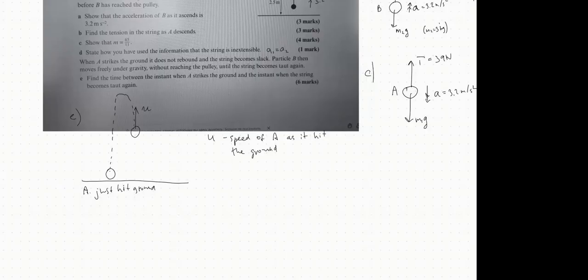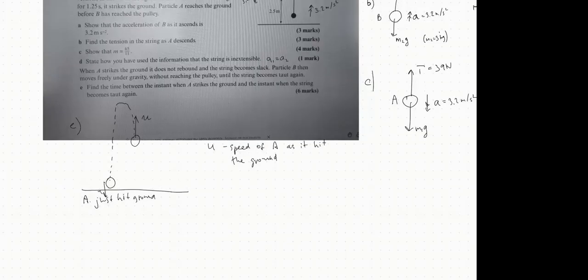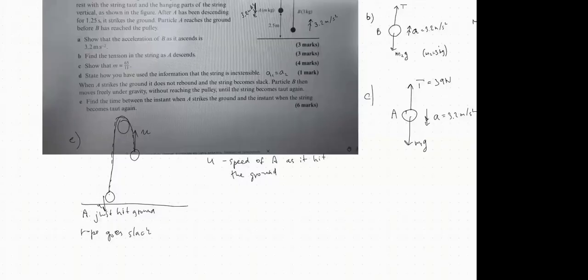Just before it hit the ground, it had speed u. And for B, that means the rope goes slack, and B will go up for some time.